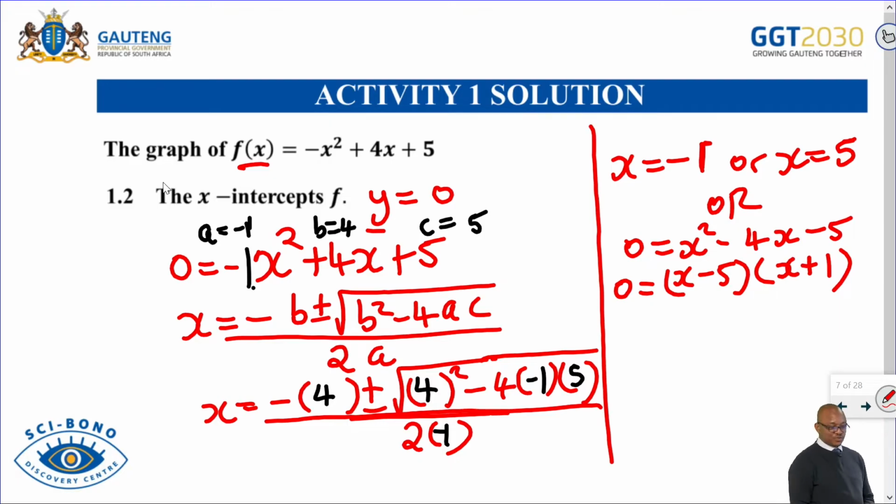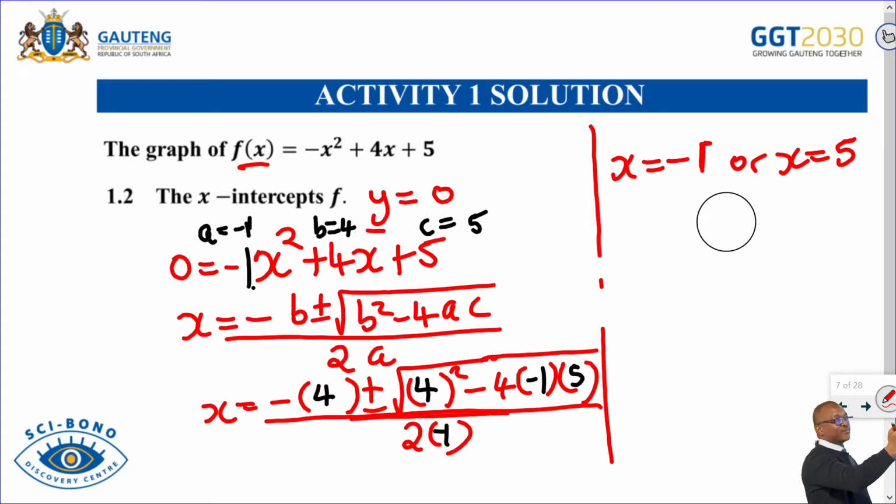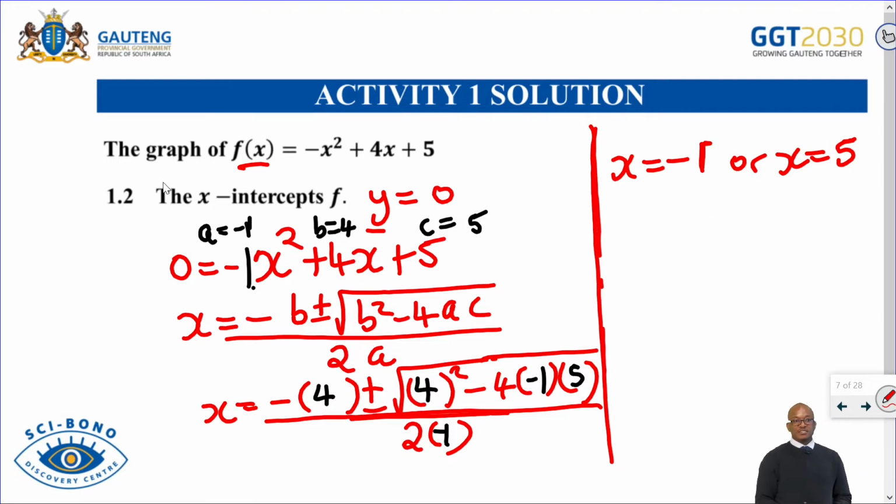When you factorize, you can see already that the factors will give the answers that we got using our quadratic formula. But for now, don't stress about factorizing. You only focus on the quadratic formula because it's more effective, easier to use, and faster for you to answer this type of question.